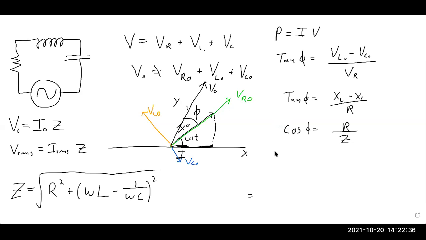So if our average power is going to be IRMS squared times our resistance, this still holds because this is the average power dissipated by the resistor. And if the resistor is the only thing that's dissipating power, I squared R still works if we use IRMS.